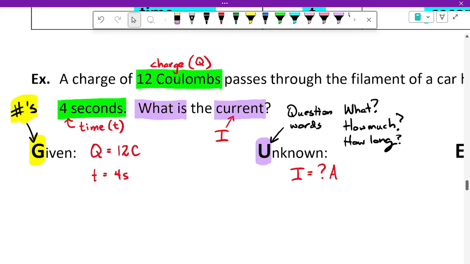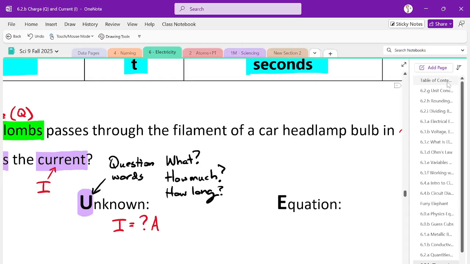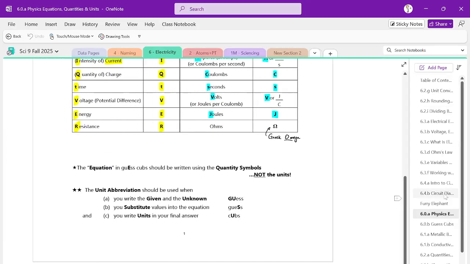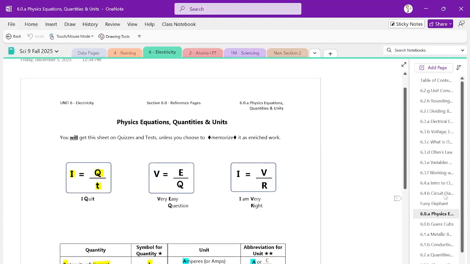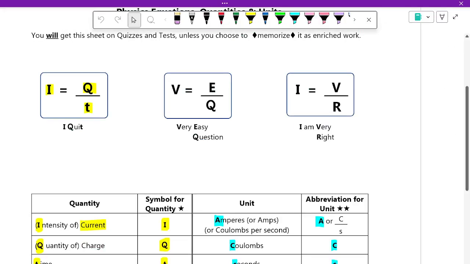So we have our given, we have our unknown, and next we have our equation. Now, if you look at the purple sheet that I gave you, everyone grab your purple sheet and take a look at it. Which of these equations would you use if you have I and Q and T?